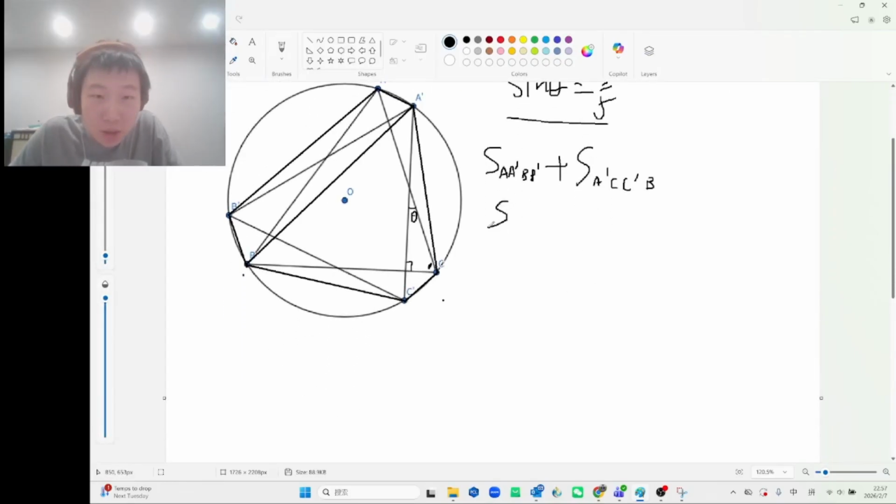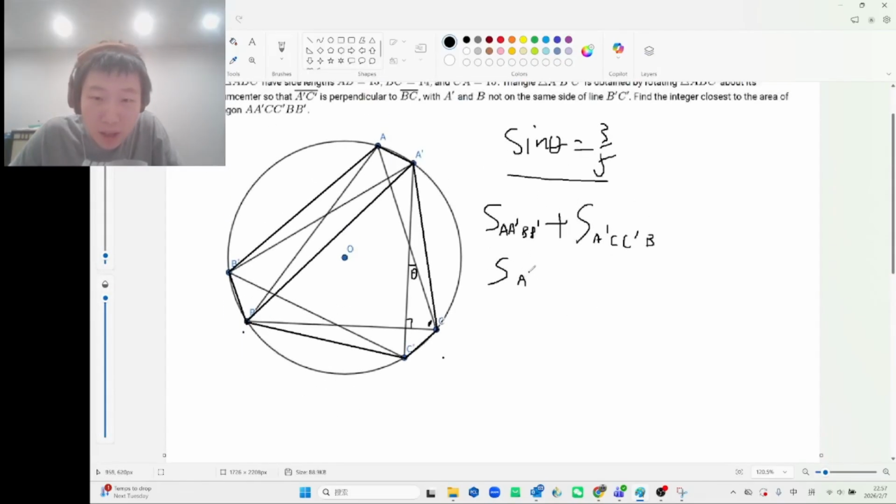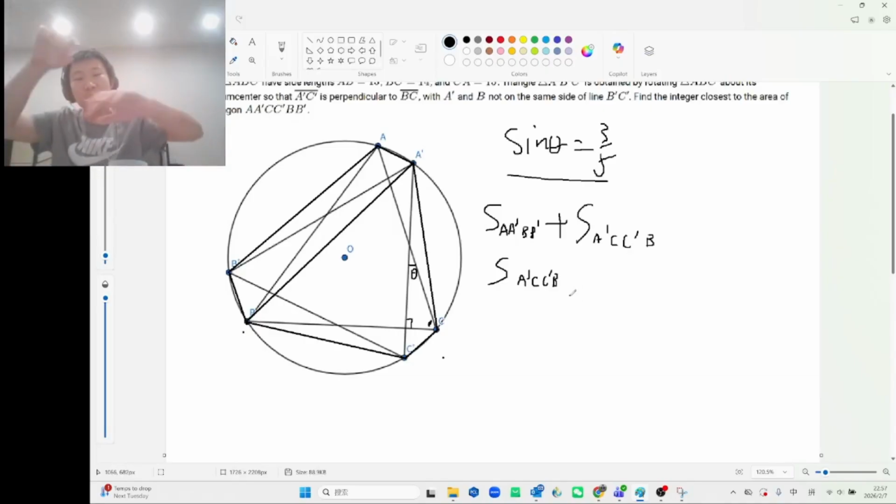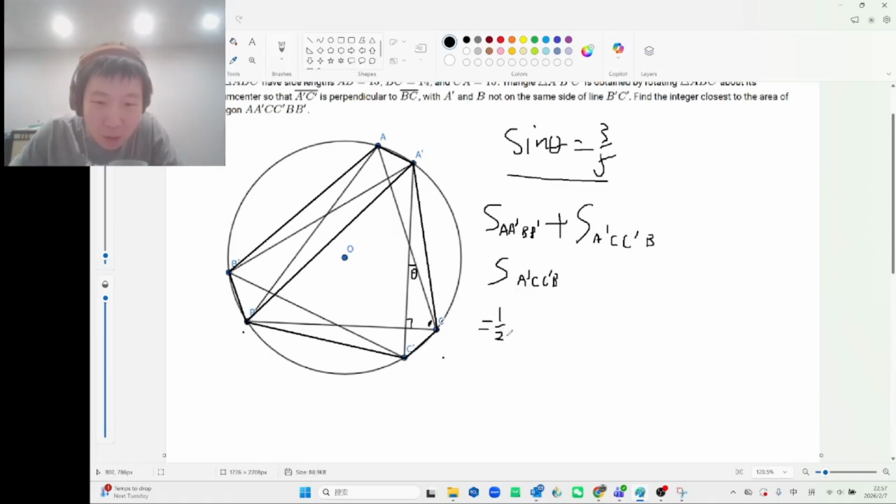So let's see what the area of A'CC'B is. Using the diagonal formula for area, it equals 1/2 times the product of the two diagonals, BC times A'C', times the sine of their angle.